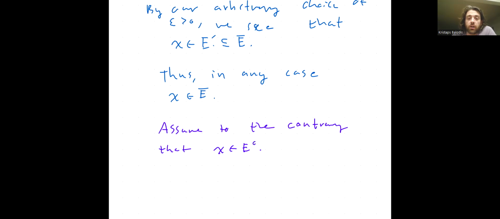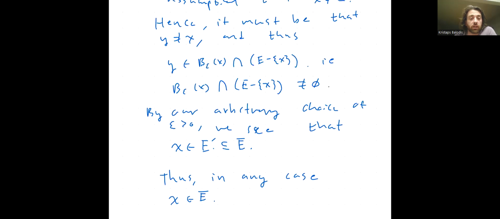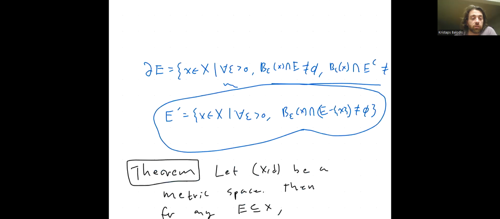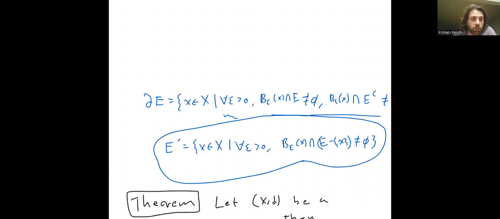Okay. Now we need to figure out why that is a problem. Well, again, probably we're going to have to do some stuff about these epsilon balls around x. And we know something about being in the interior of E, right? I guess I'm slowly telling you all the definitions anyways, even though you've already memorized them, working hard with your flashcards on a Friday night.